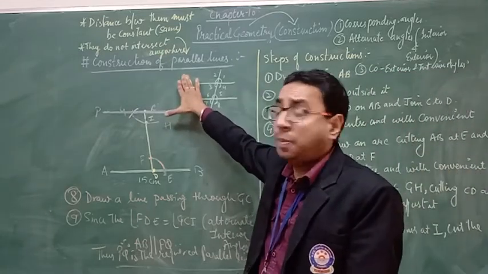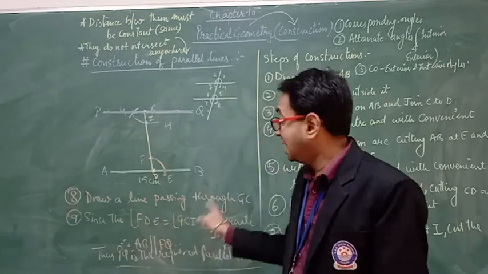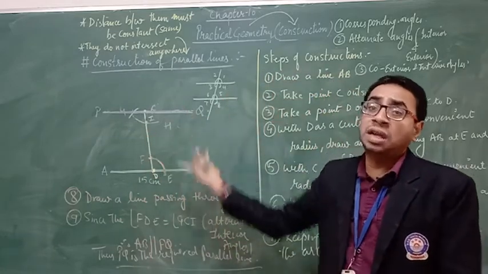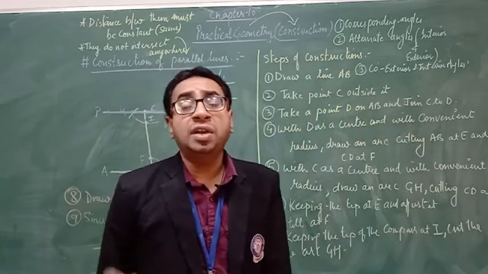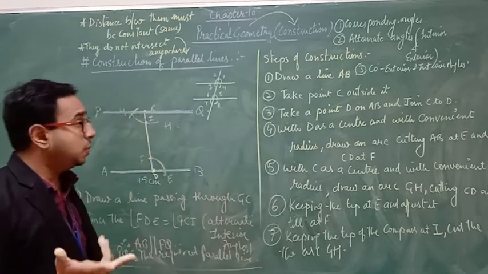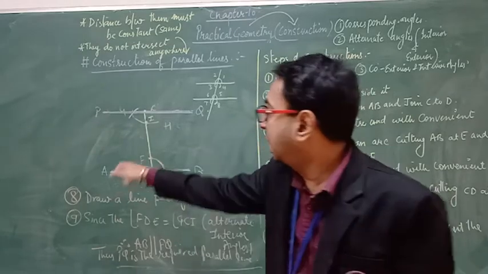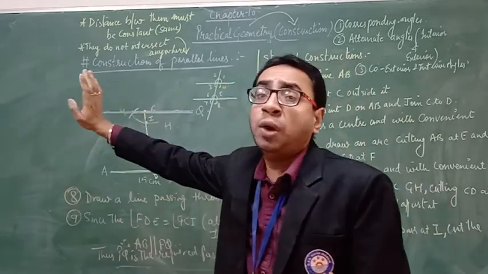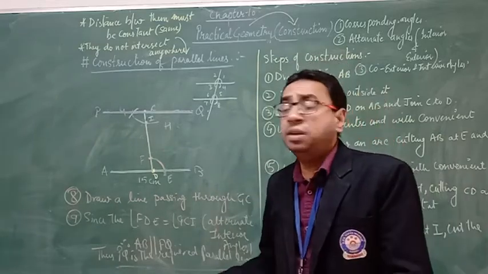And why are these called parallel lines? Because these two angles are equal, called alternate angles, and hence we can say these two lines are parallel to each other. Clear with this? Any doubt how to construct parallel lines? Very easy. One more type of question is there, in which we have taken point C outside at any distance. But in some questions, maybe the distance is given to you.